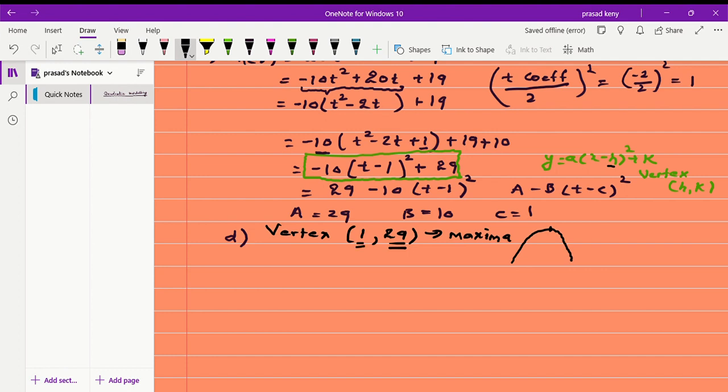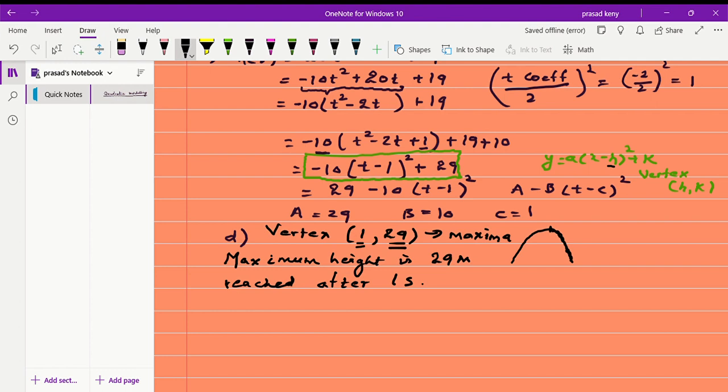That means the maximum height is 29 meter and it is reached by the ball after 1 second of projection. So because the t square coefficient is negative, you will have a U that is opening downwards and the vertex will be a maxima.